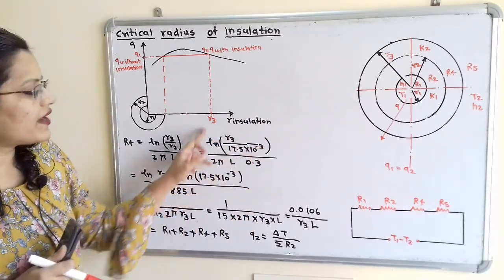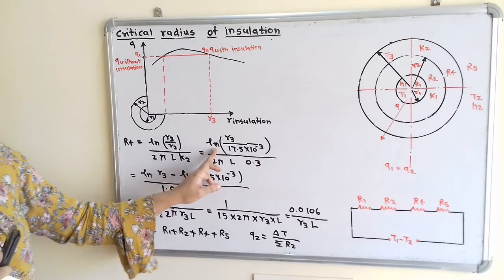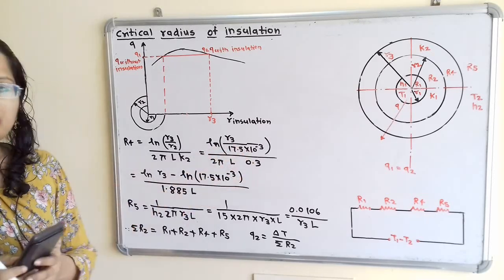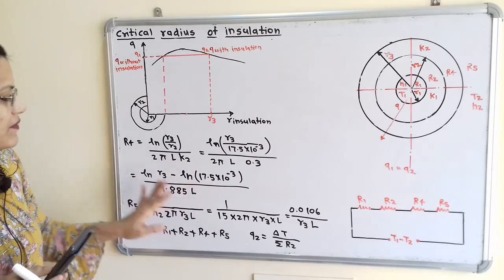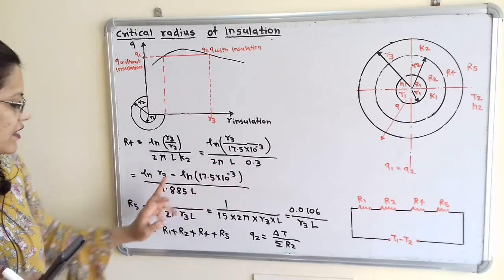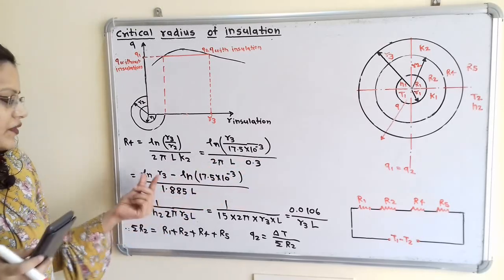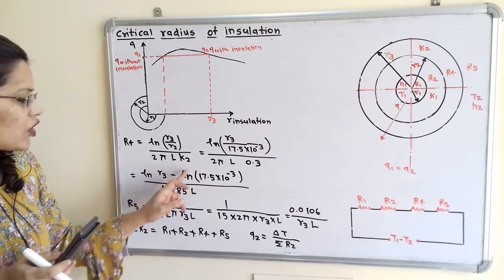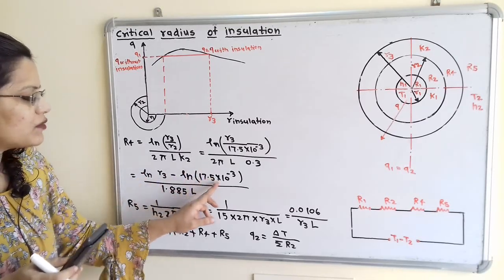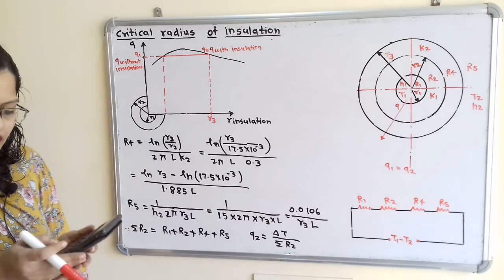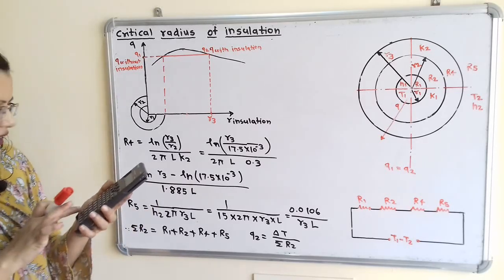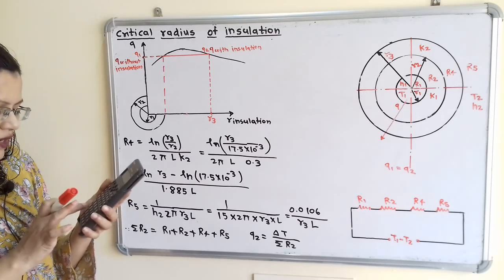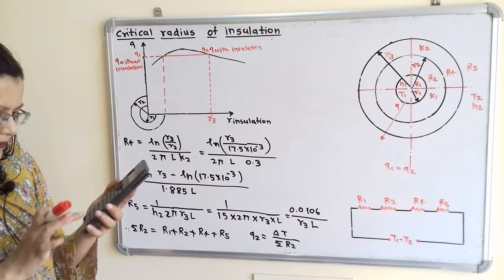Now we will simplify this numerator. So ln R3 minus ln 17.5 into 10 raised to minus 3. Now we will again simplify this. So the denominator answer is 1.885 L. Now again we will solve this, that is ln of 17.5 into 10 raised to minus 3. So ln is provided in the calculator and we have to take 0.01755.